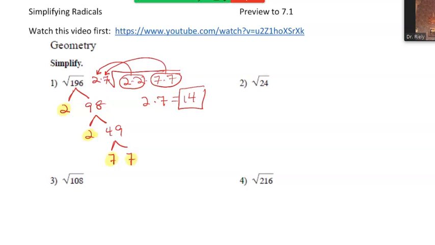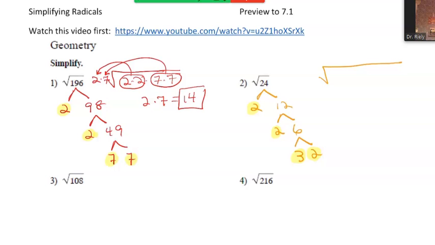Okay, let's go on to 24. When I take the square root of 24, using the same method, it's an even number, I'm going to divide by 2. I can divide this by 2. And I can divide this by 2. All the ends of my factors, all the ends of those little trees, I highlighted.